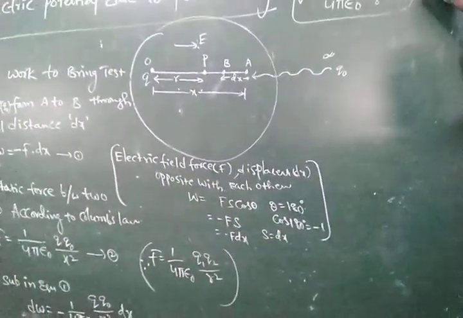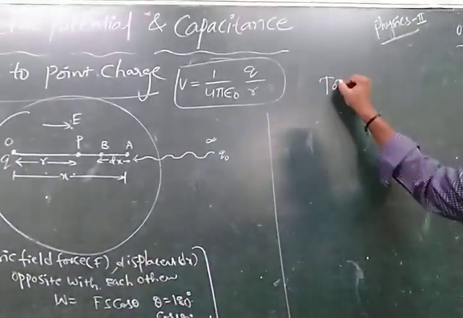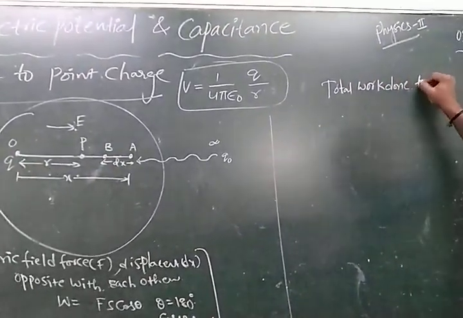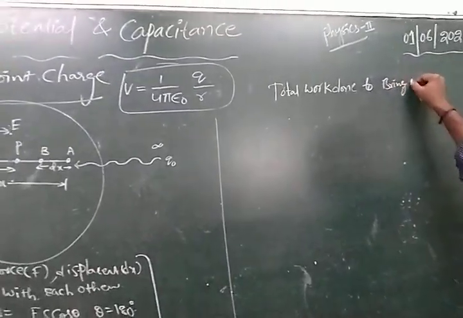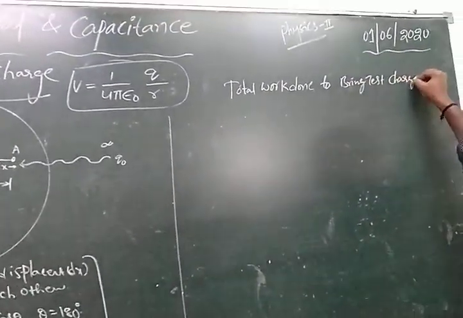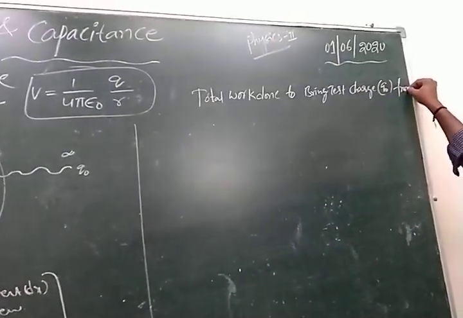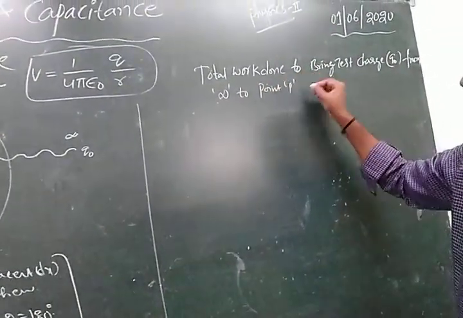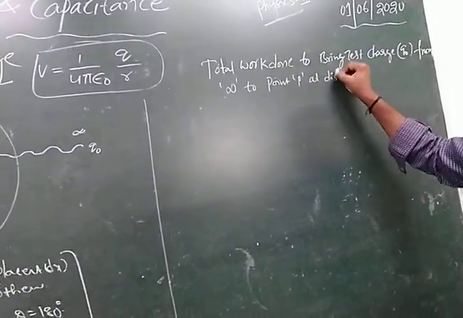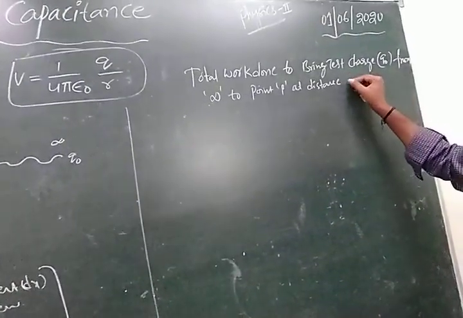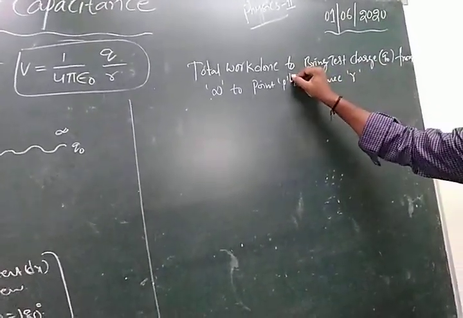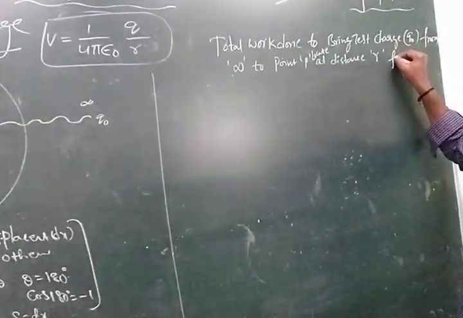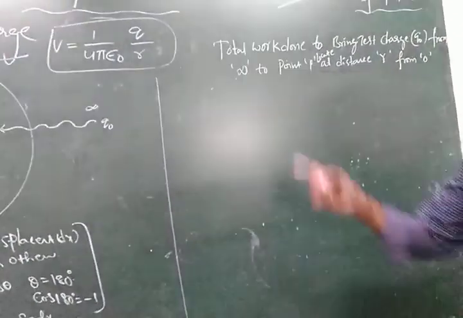So what is the total work done? The total work done to bring the test charge Q naught from infinity to point P at a distance R from O. So this is the total work done.